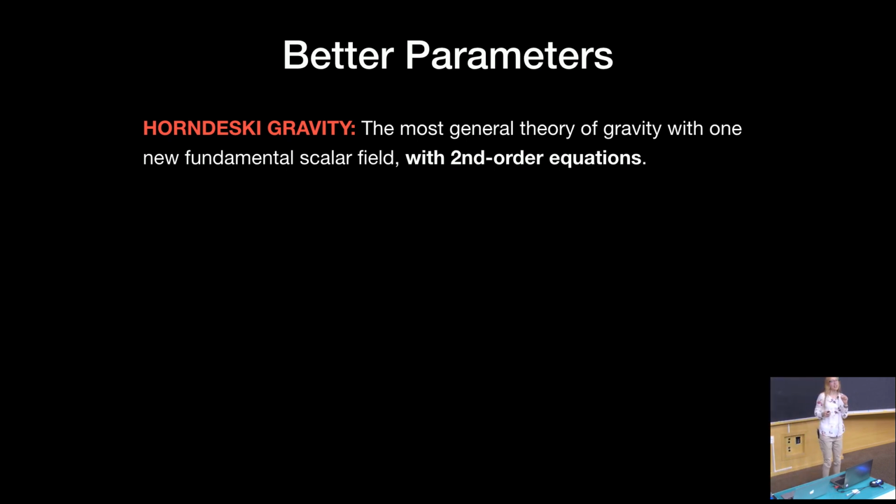Now note that I said it's the most general theory. What that means is Horndeski gravity is a parameterization. It contains some freedoms, and I'll show you that in just a moment. So you should think of this like a parent theory, and it has many offspring theories that belong to it.